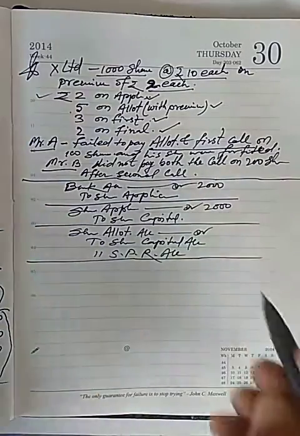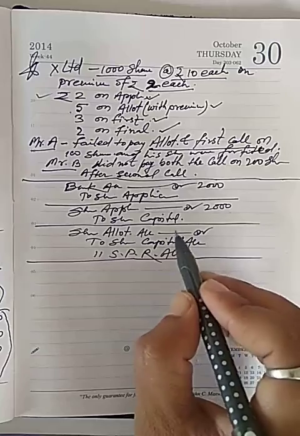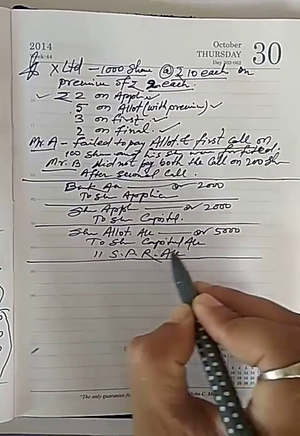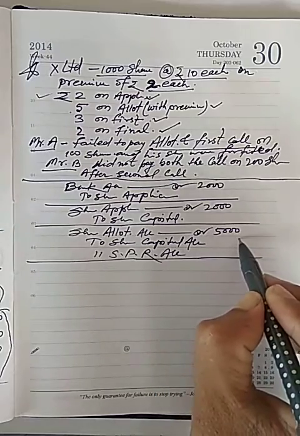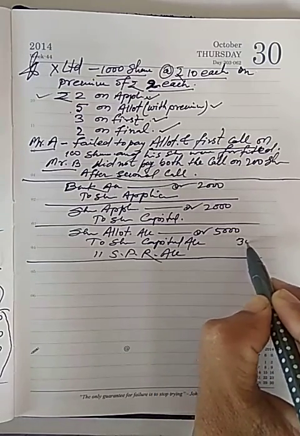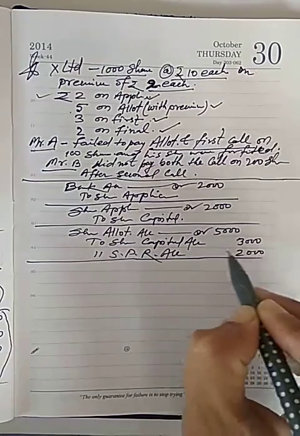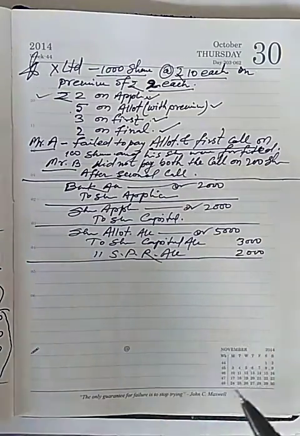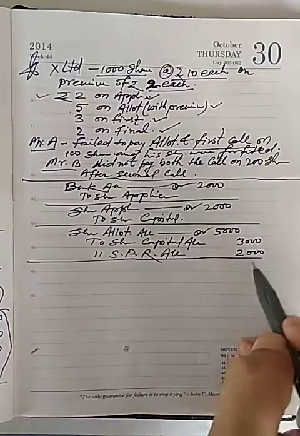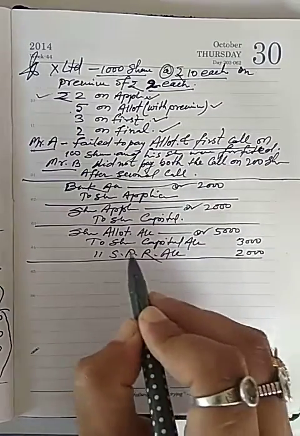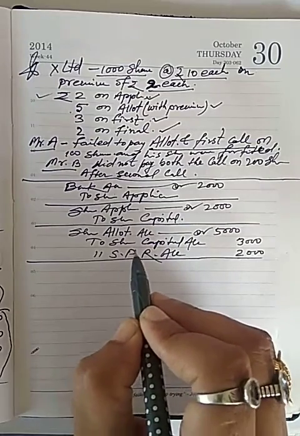The amount will be 5000, and in share capital it will be 3000, and security premium will be 2000 on 1000 shares.